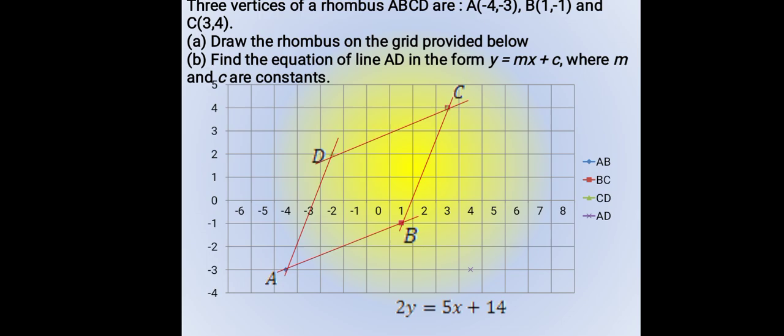So using those points, it is now easier to find the line AD. And if you compute as we so far know, you should get the line to be 2y = 5x + 14.